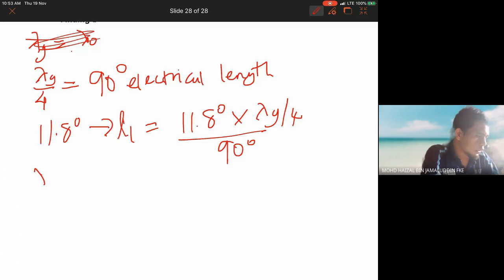So you know that lambda is equivalent to C over F, and lambda naught is equivalent to C over F square root of epsilon r.